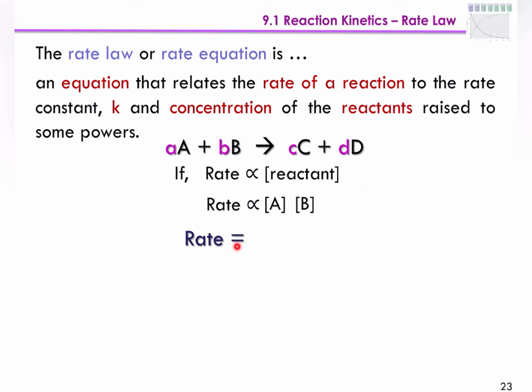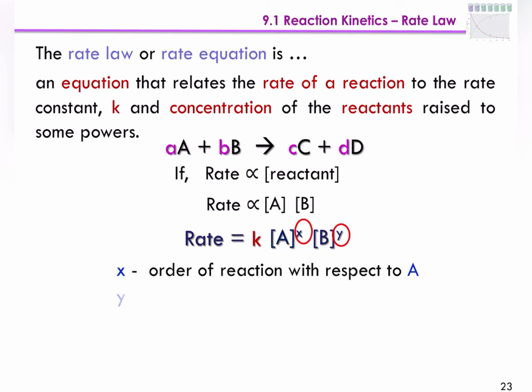So once you put the equal sign, there must be a constant in front of your concentration. So that's why that constant kita akan letak sebagai rate constant. The symbol is K. And then times concentration A raised up to the power X times concentration B raised up to the power Y. So this X and Y adalah order of reaction with respect to that reactant.